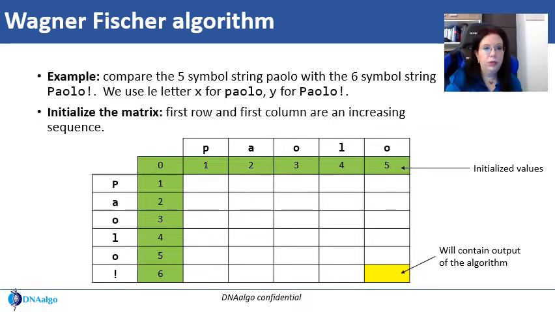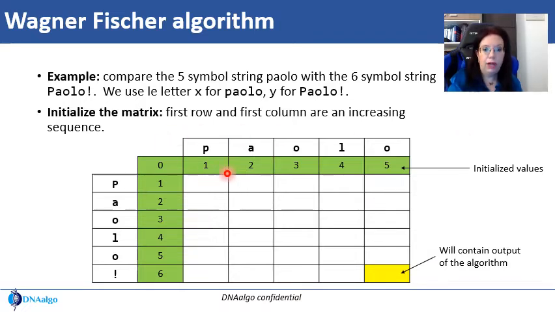So suppose that you want to compute the edit distance between two strings. The first one is Paolo, and the second one is Paolo with an exclamation mark at the end, and the first P is a capital P. So we need to initialize the matrix, whose size is 6 plus 1, so 7 rows, times 5 plus 1, so 6 columns.